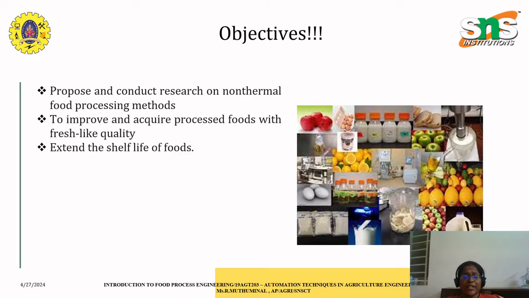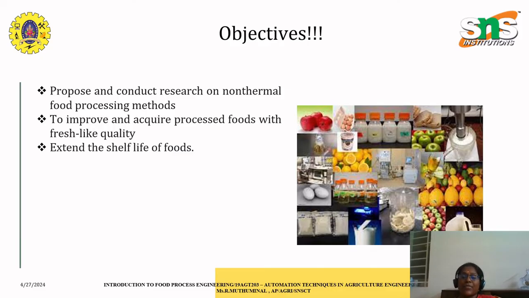So the main objective of food processing engineering is I have to propose and conduct research on non-thermal food processing methods, and also I have to improve and acquire processed foods with fresh-like quality. The main aim for me is to extend the shelf life of the foods.